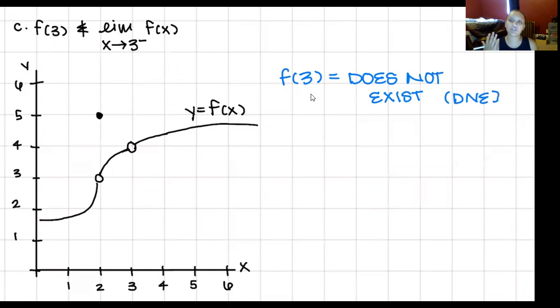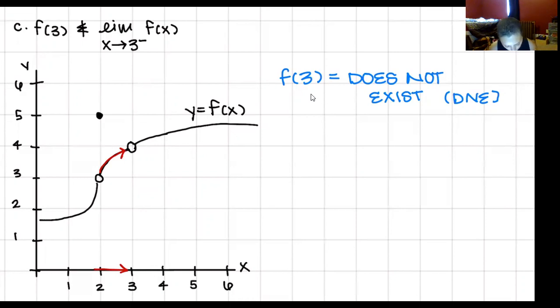But even if our function doesn't have a value, we can still evaluate the limit as we approach that function. So this time we're approaching from the left. That means we're approaching from values less than 3. So as we jog over from the left to the value 3, we can follow our map up, up, up until we approach that discontinuity, until we approach that hole in the graph.